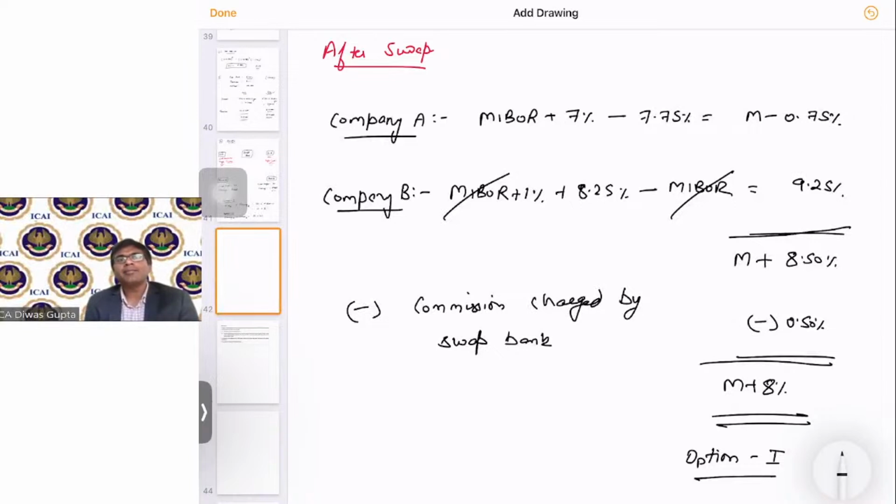Swap is I am exchanging something for something. Here the exchange is happening of floating and fixed. But a swap can be for anything else also. It can be for currencies also. I'm swapping USD for INR or I'm swapping INR for USD at different rates that are determined in the entire arrangement.